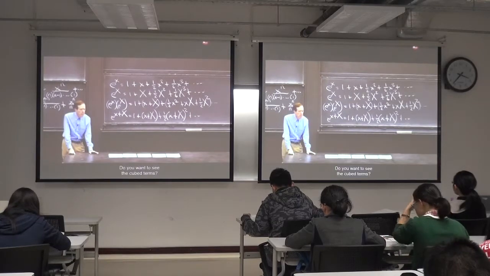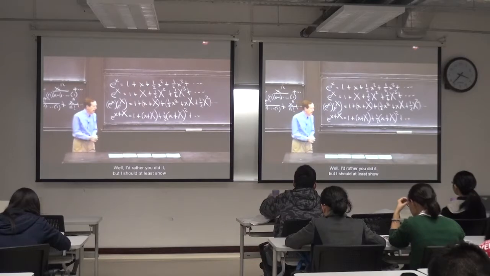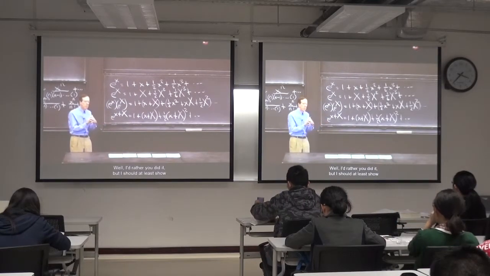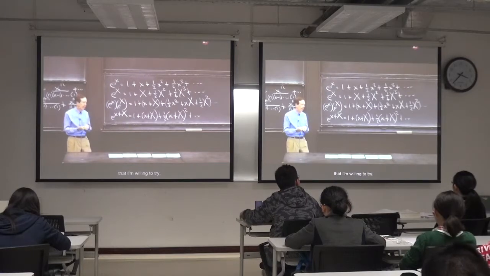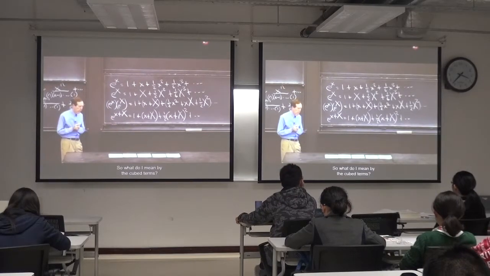Do you want to see the cube terms? Well, I'd rather you did it, but I should at least show that I'm willing to try. So what do I mean by the cube terms?